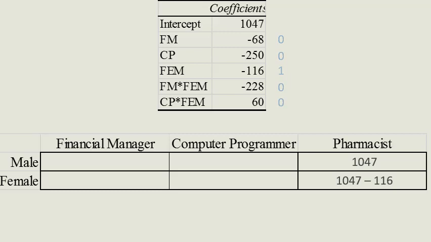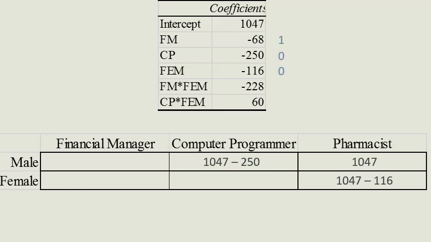Next, let's have computer programmer indicator equal to 1. If the other variables are 0, then we still get zeros for the interaction variables. And then this gives us the expected salary of male computer programmers.